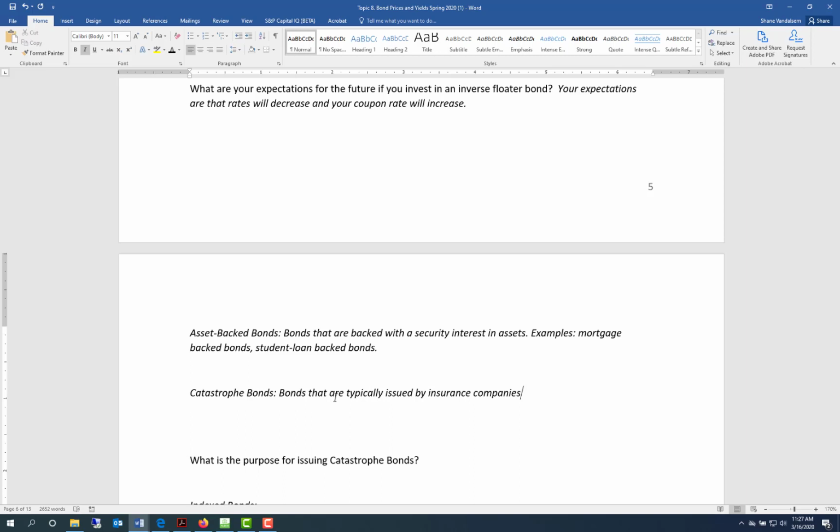Companies, especially insurance companies that insure a lot in areas that are prone to natural disasters, such as Florida, the East Coast, maybe even the Midwest with regards to tornadoes, might issue these catastrophe bonds. So they're typically issued by insurance companies. The investor's money goes to the insurance company if a specific catastrophe occurs. If that doesn't occur, then the investors receive coupon payments and receive the principal back at maturity.